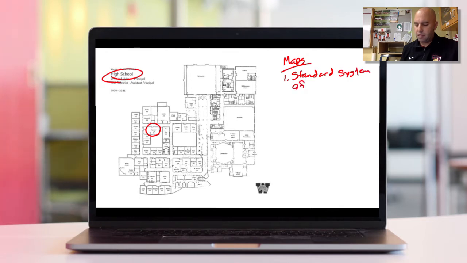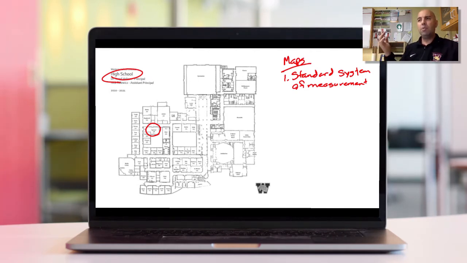So let me explain what that means. When we talk about a standard system of measurement, what we mean is that we need a way to measure things that isn't going to change. One of the problems that happens when I bring up a pirate treasure map is people say, oh, we're going to take steps.